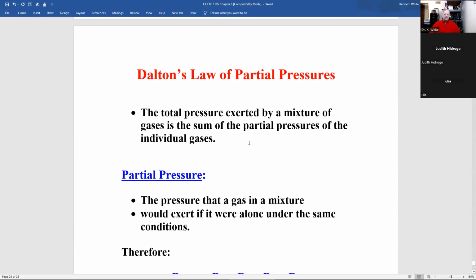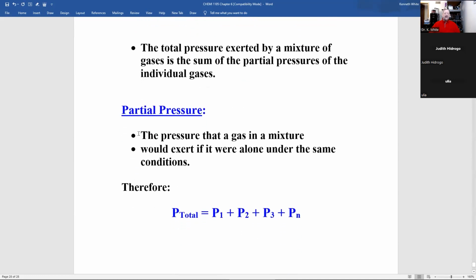What's a partial pressure? Oh, look right here. The partial pressure is the pressure that a gas in a mixture would exert if it were alone under the same conditions.